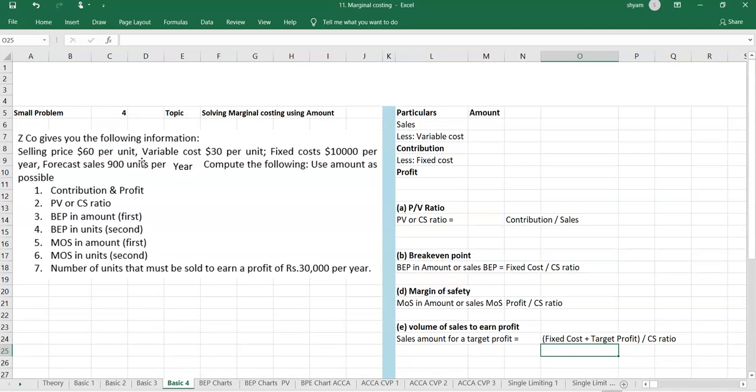So we'll start the problem. He wants the answer to be in amount only, so we have to calculate the amount in a separate area.